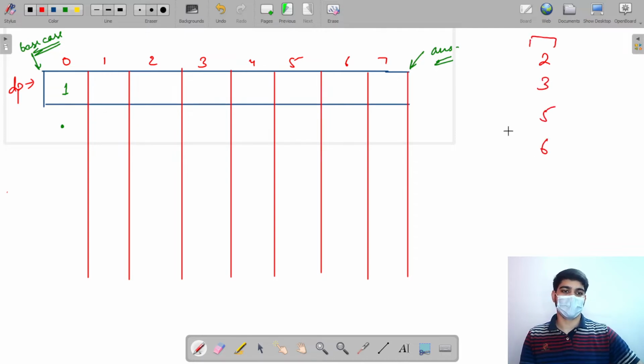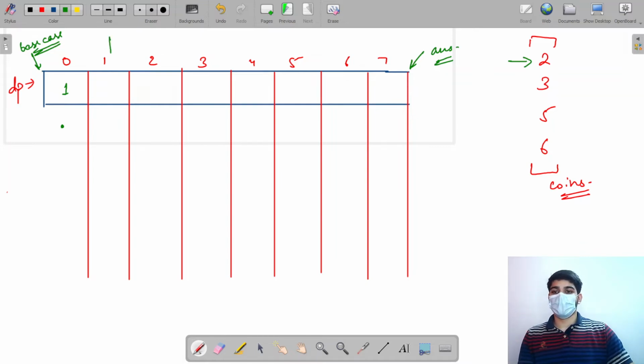So these are my coins. Now I would start traversing from the first index till the last index using my 2. So I would be using 2 to make the sum of all of these. Let's see how we can do that.